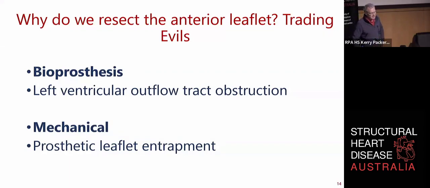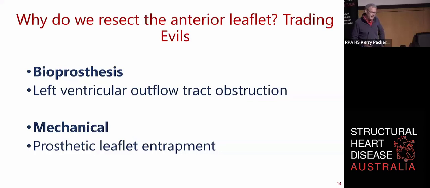The bioprosthesis will immobilize the anterior leaflet and move it towards the left ventricular outflow tract. If the anterior leaflet is dragged into the outflow tract following a surgically implanted bioprosthesis, it tends to be a lethal condition.